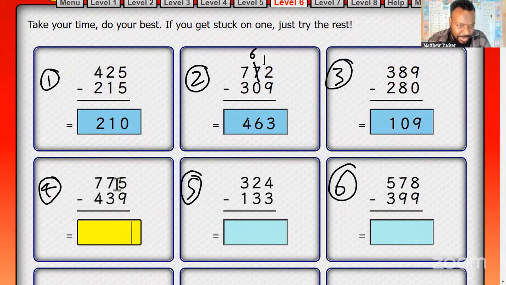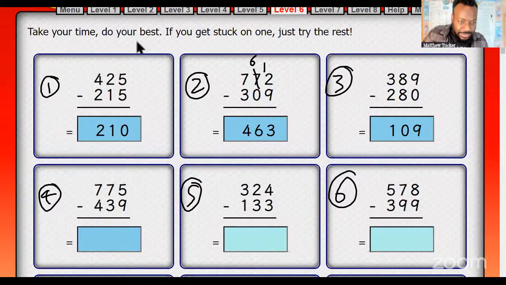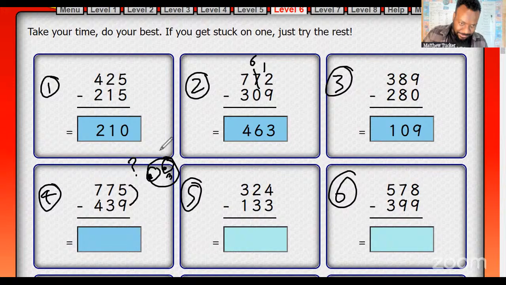What about question 4? Have a think about this one.